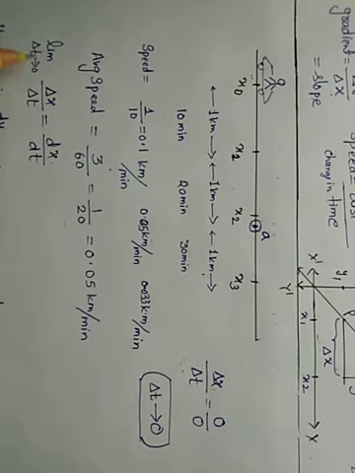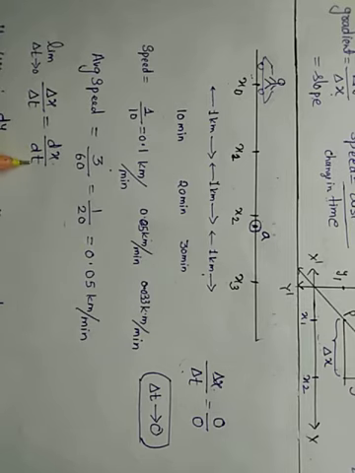Therefore, we will apply the limit as delta t tends to 0 of delta x by delta t, that is equal to dx by dt. This is the rate of change of distance with respect to time. It is the instantaneous rate.